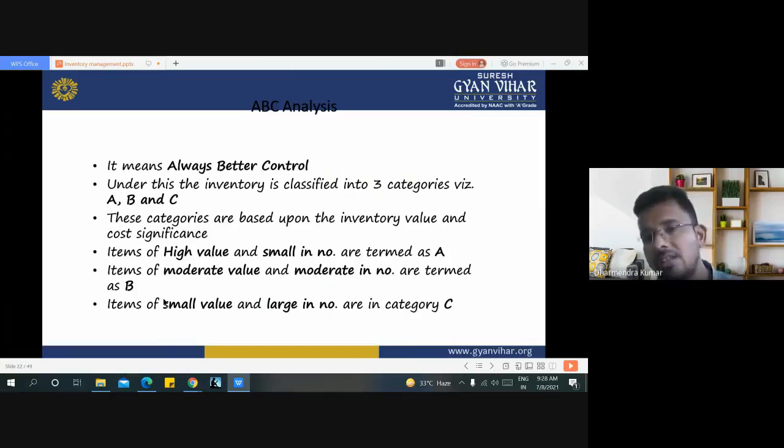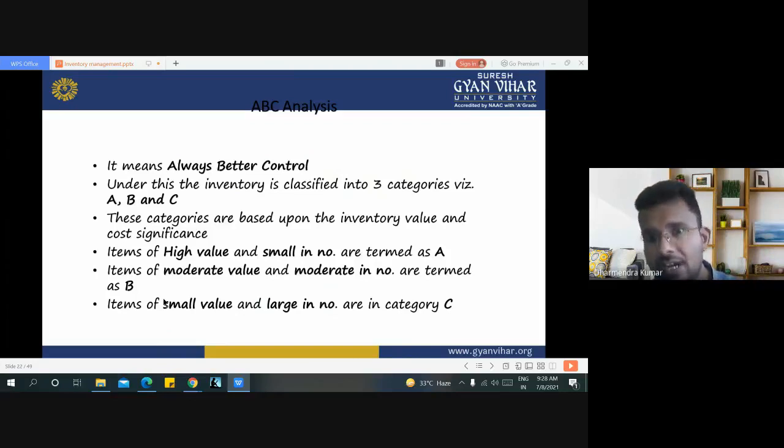Thus, in the ABC analysis, we categorize items into three categories: category A, category B, and category C. In A category, we put a small number of items which have more inventory value on the basis of pricing.